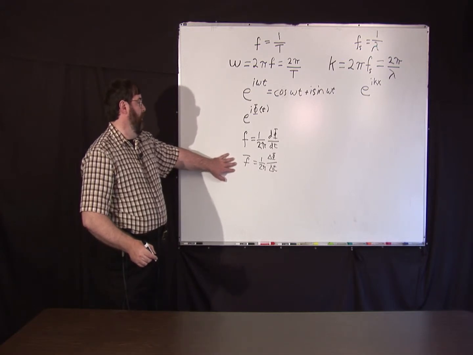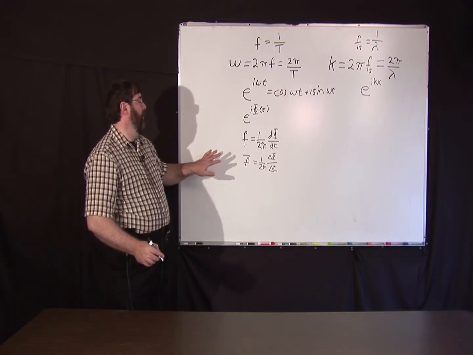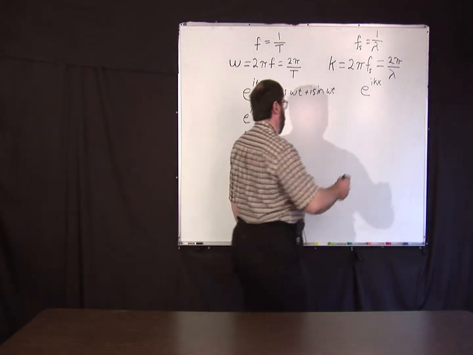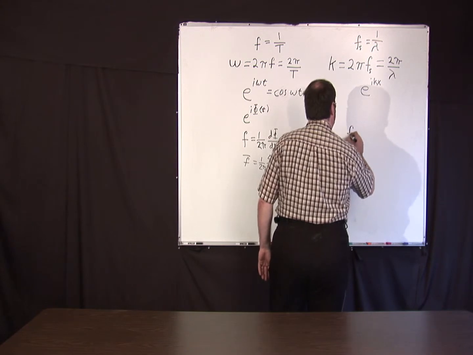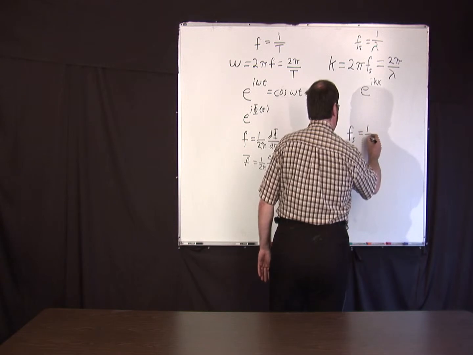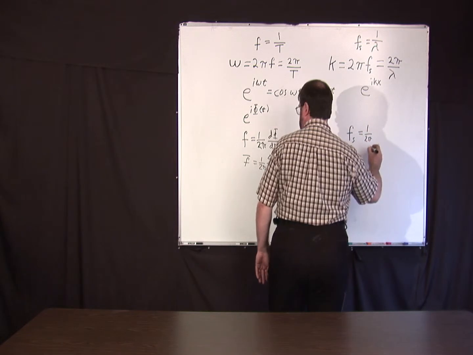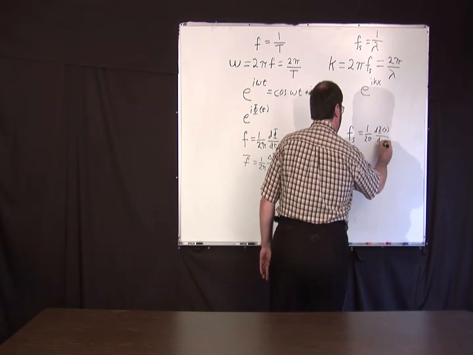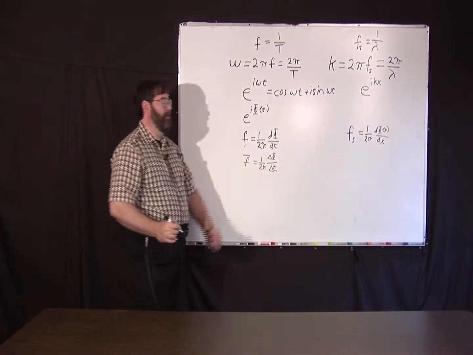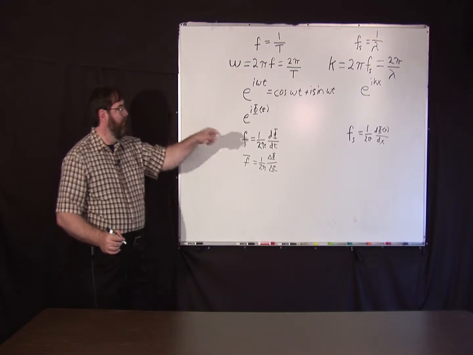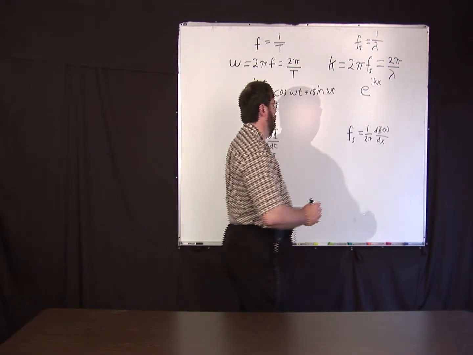You can actually do the same thing with the spatial frequency. You can talk about the spatial frequency at a point in the same manner, 1 over 2 pi, d phi of x dx. Okay, that gives you the spatial frequency at a point. And if you want the wavelength, you can do a little math here.